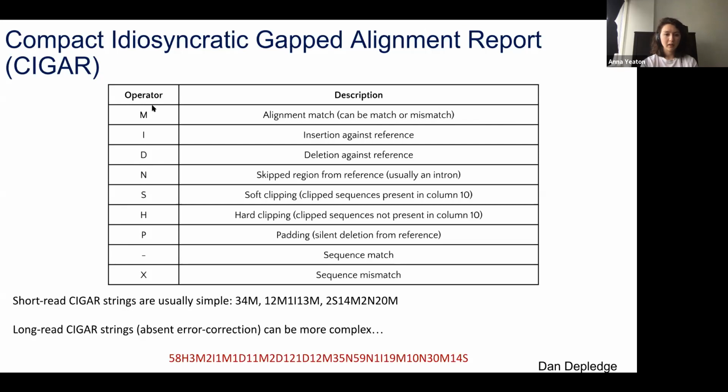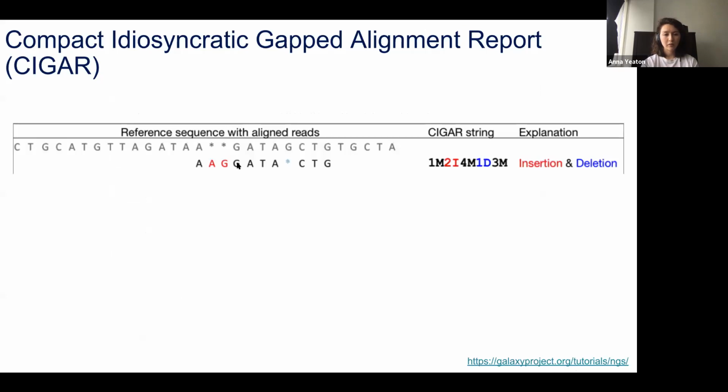So the first one, M, means that there's an alignment match. I means insertion against the reference, and D means deletion against the reference. So if we go back to the example, we can see here we have a match. So that's 1M. Here we can see that there's an insertion in the read. So that's 2I, so insertion against the reference.